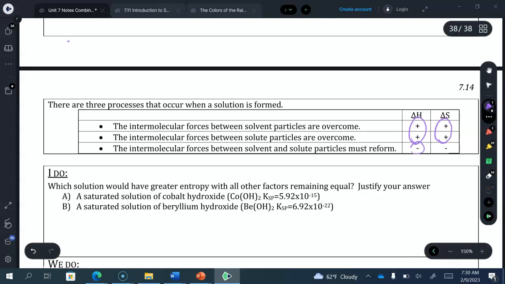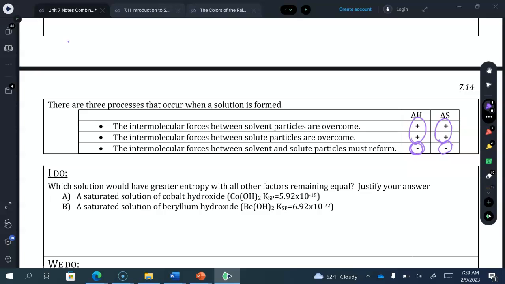But then when the interactions are reformed between our intermolecular forces, we get a negative enthalpy because that's a release of energy, that is favorable. But now we're reducing the number of microstates that these particles can occupy because they're now having to interact and be in specific spots.